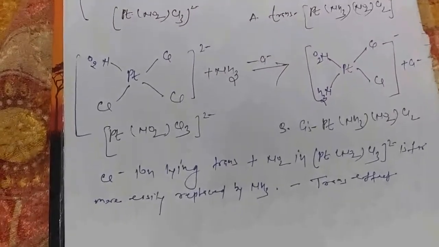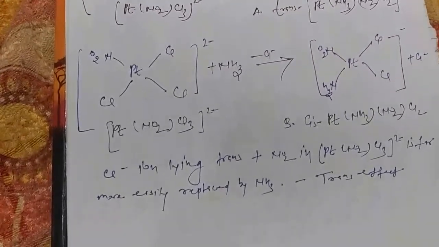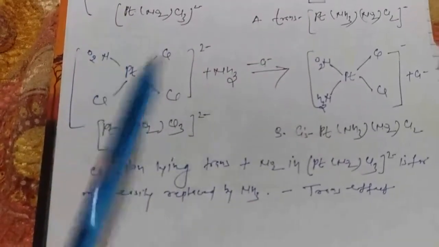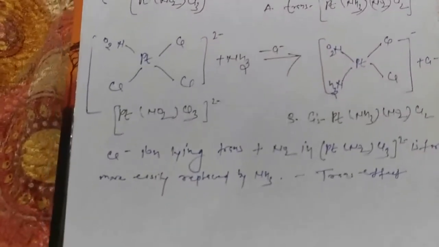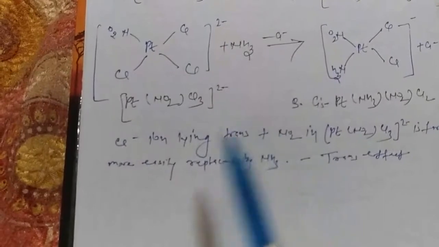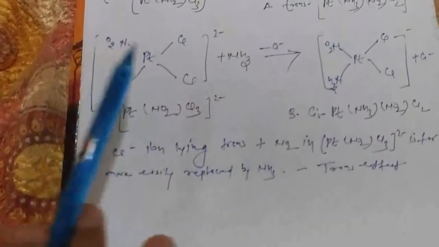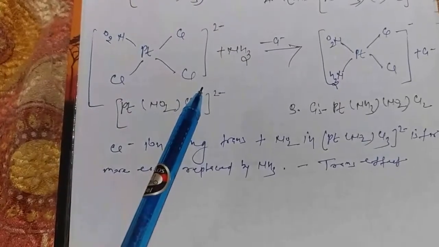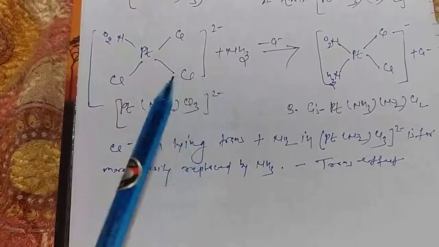Groups like NO2 direct the entering ligand to occupy a position. Because of this group, Cl is replaced and ammonia enters this position.